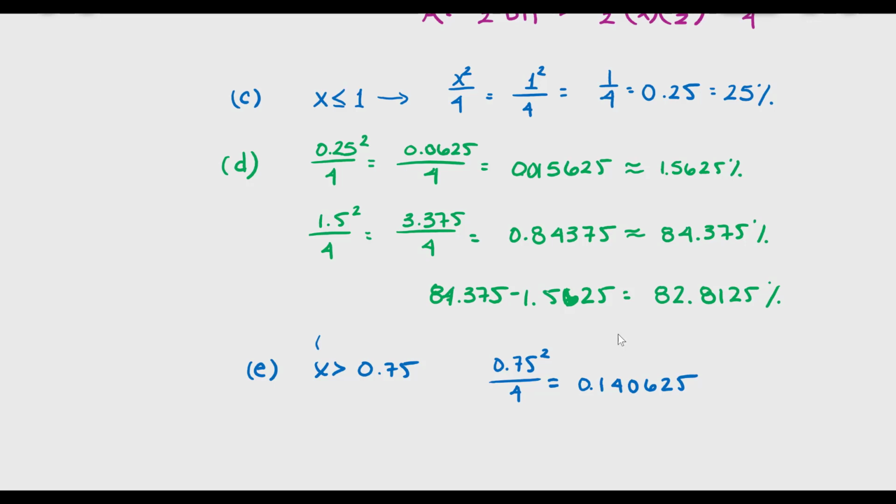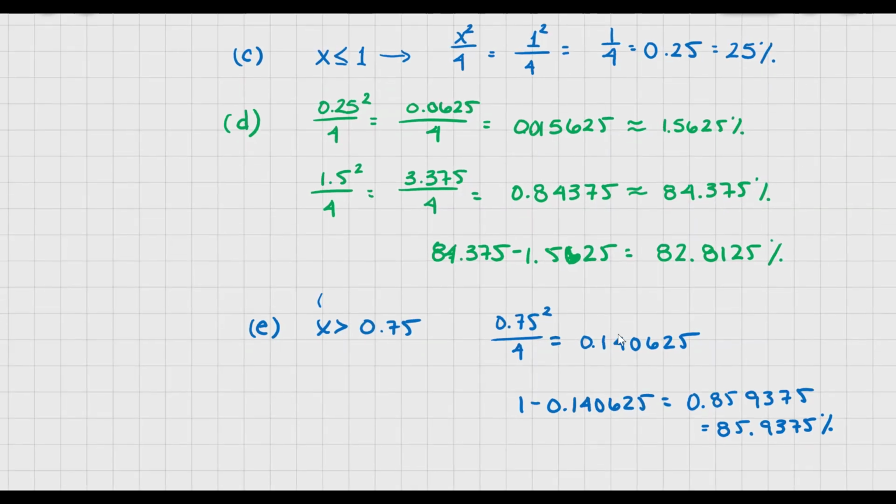What we want is the area to the right of 0.75. So all we have to do is 1, because we know that's the total area under the curve, minus 0.140625, and we get 0.859375, which is 85.9375%.